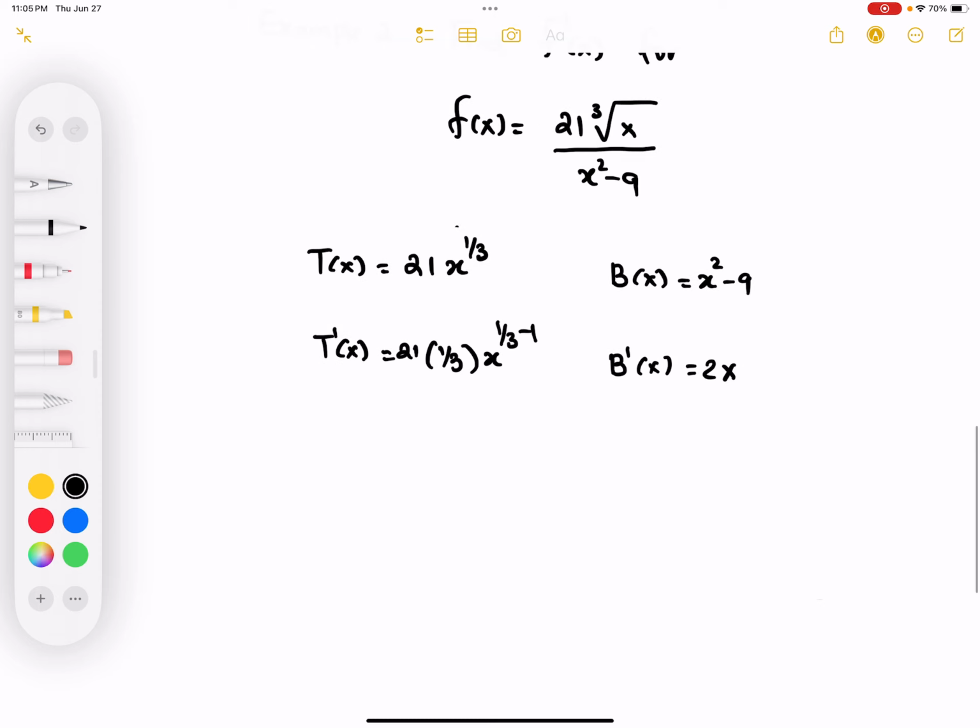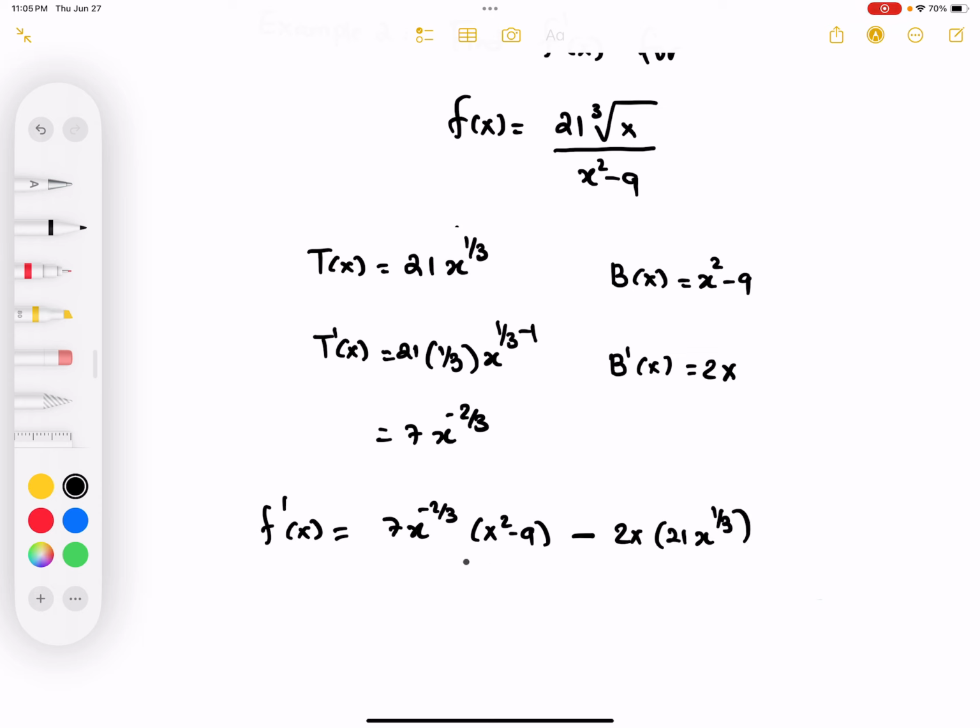Let's simplify the top one. It is 7x^(-2/3). Now, using the quotient rule, remember the derivative of the top one multiplied by the bottom. That is 7x^(-2/3) multiplied by x squared minus 9, minus 2x multiplied by 21x^(1/3), divided by x squared minus 9 the whole squared.